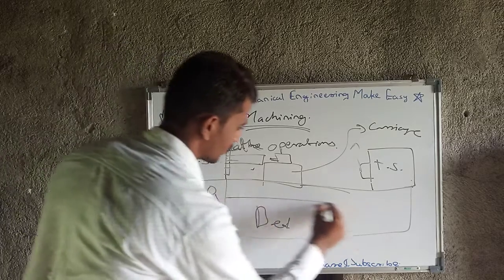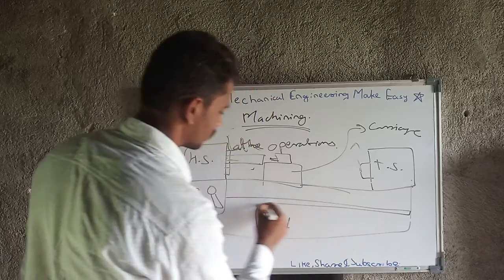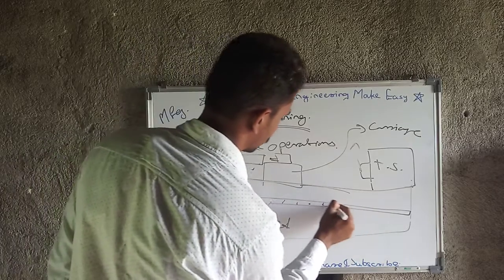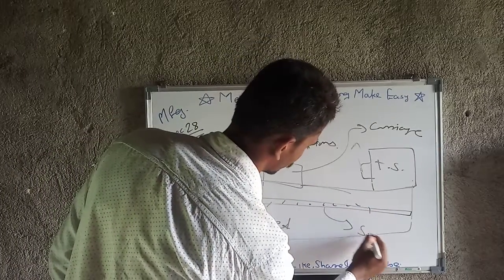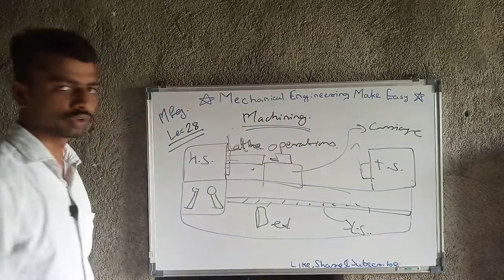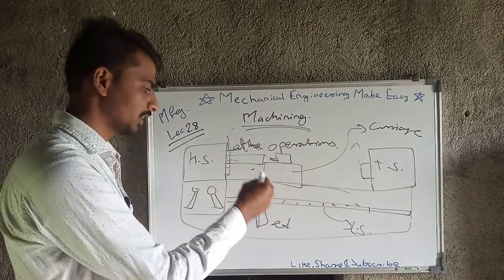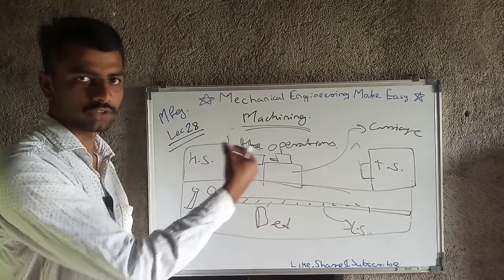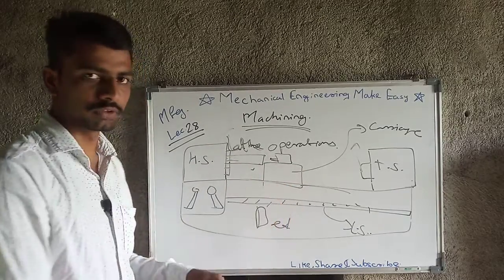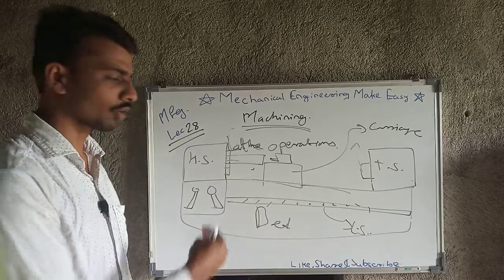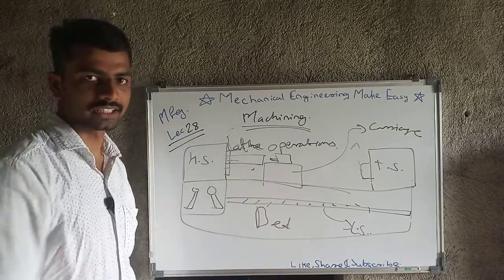Okay, and here the lead screw will be there. This is lead screw. And what is the use of lead screw? That we can generate threading, and at the time of generation of threading, that lead screw will be on, and ultimately according to that the threading operation will happen.